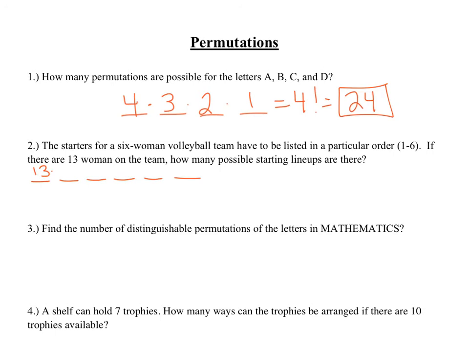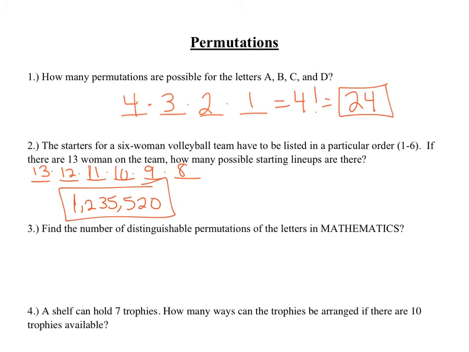You now have 12 choices. And then 11 and 10 and 9 and 8. Now this one's not a factorial because it does not go all the way down to 1. So you will have to multiply this out in your calculator, and you get 1,235,520.